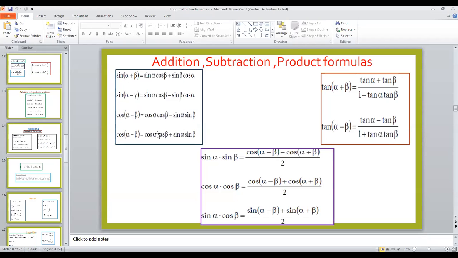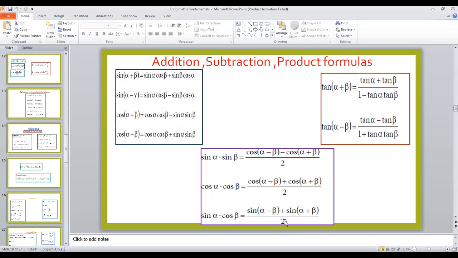So cos alpha cos beta is cos of alpha minus beta plus cos of alpha plus beta upon 2. And for the next, you add the first two formulas: sin alpha cos beta plus sin alpha cos beta means 2 times, and the last two become 0 because they have opposite signs. So sin alpha cos beta is sin of alpha minus beta plus sin of alpha plus beta upon 2.